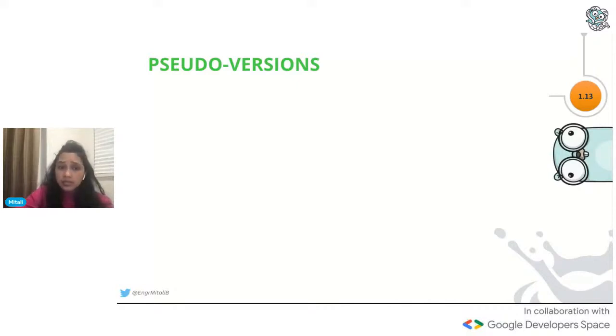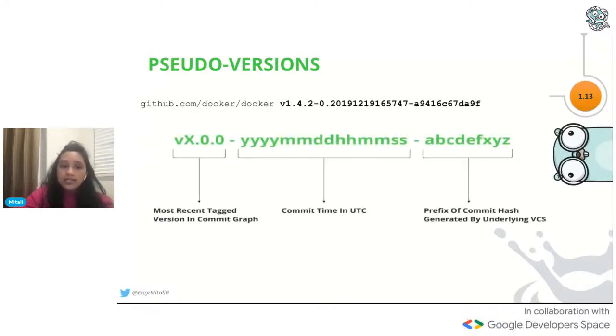What does a pseudo version look like? They look like this big string. If you see, it has three components. The first component is the most recent tagged version in the commit graph. The second component is the commit time in UTC. And the third is the prefix of the commit hash generated by the underlying version control system.